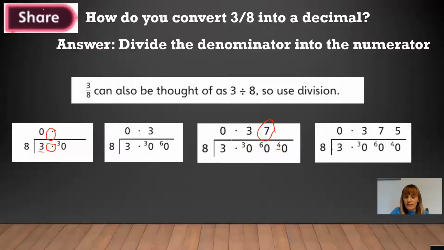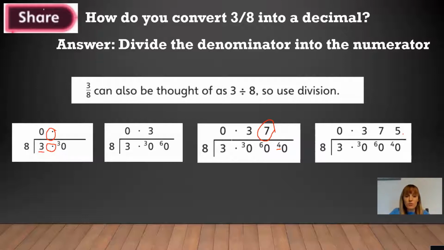Okay, so I've now said that if I do 3 divided by 8, I get an answer of 0.375, which is actually 3/8 as a decimal. So we've converted the fraction into a decimal by using division. Now you can do this for any fraction, even those ones that you can convert using tenths, hundredths, thousandths.